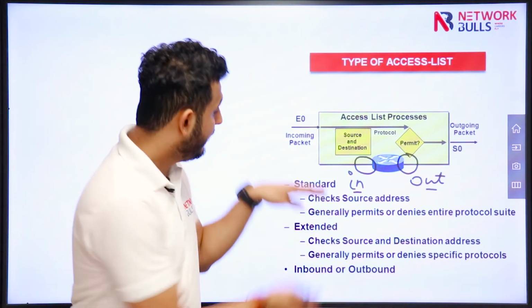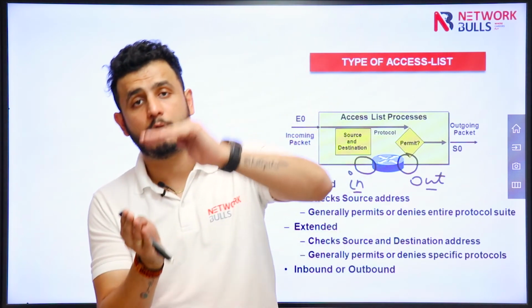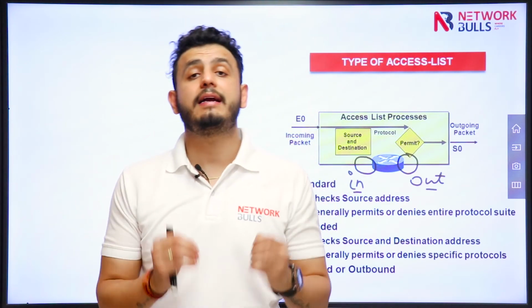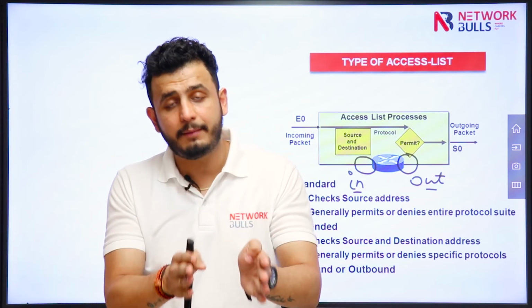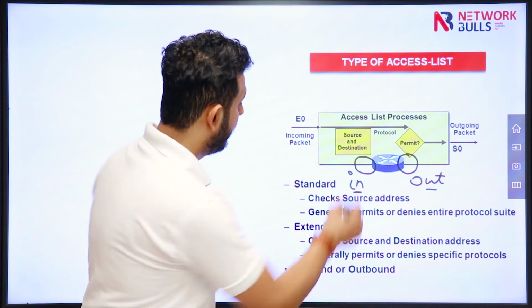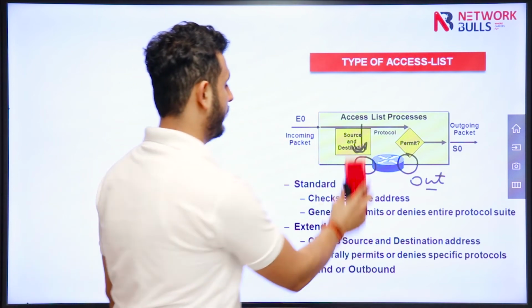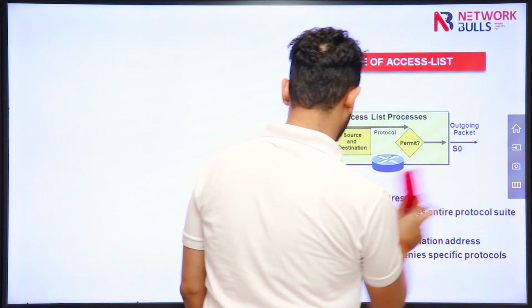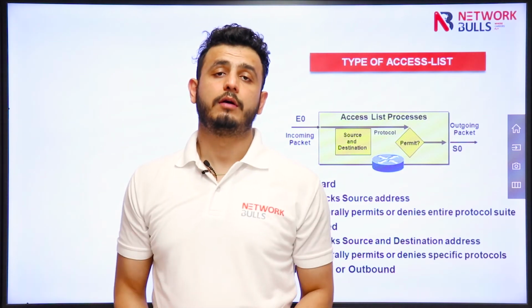When I apply it in the in direction, the ACL will be checked first, interface ACL, then the router will check the routing table. If you are applying it in the out direction, not in, the router will first of all check the routing table, then the ACL. So if you want to save resources of the router, apply ACL always in the in direction. So we can apply ACL inbound or outbound.